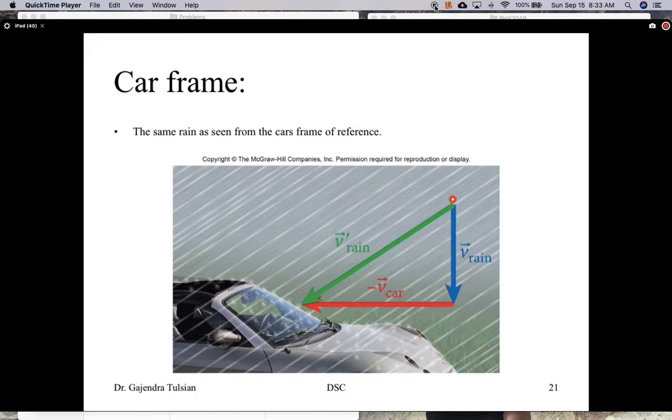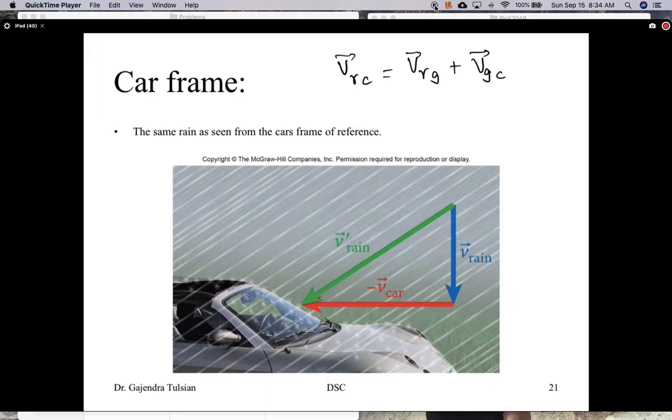So this would be the velocity of the rain with respect to the ground plus the velocity of the ground with respect to the car, which is the negative of the velocity of the car. So again, the velocity of the rain with respect to the car is equal to the velocity of the rain with respect to the ground plus the velocity of the ground with respect to the car.